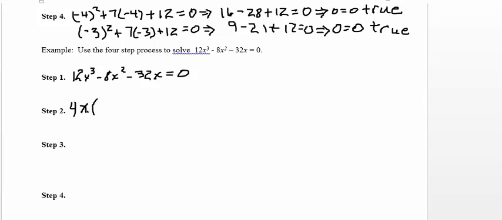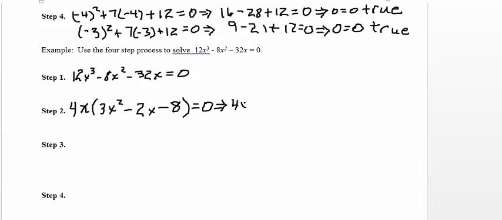That's the largest number that does so. So I rewrite this as 4x times the trinomial, 3x squared minus 2x minus 8, equals 0. And now I need to factor the 3x squared minus 2x minus 8.